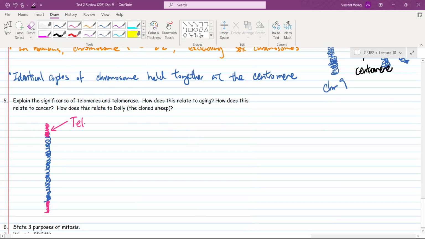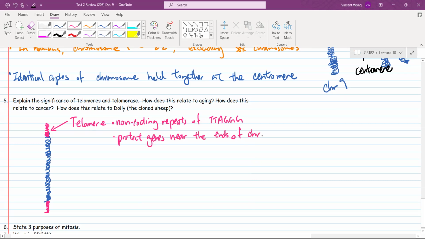So that's a telomere. Telomeres are non-coding repeats of TTAGGG. The purpose is basically to protect genes near the ends of chromosomes.